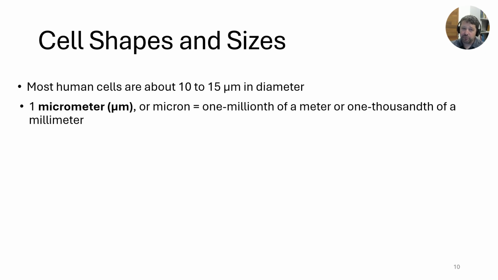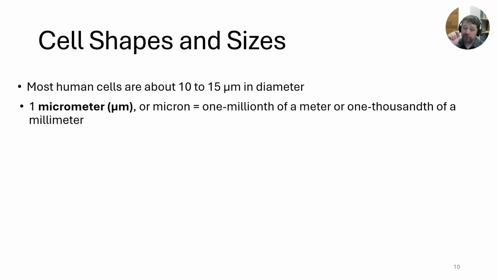Most human cells are about 10 to 15 micrometers in diameter. One micrometer is one thousandth of a millimeter. If you've ever looked at a ruler, like the rulers we hand out to students today, they have one side that's inches and the other side is centimeters.